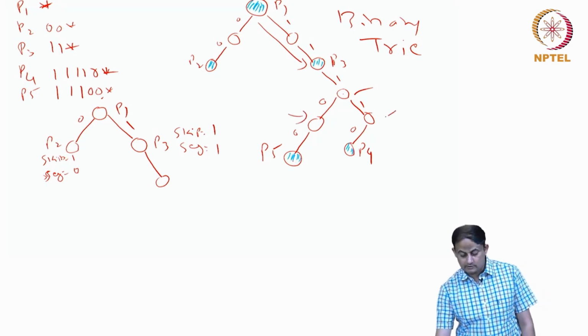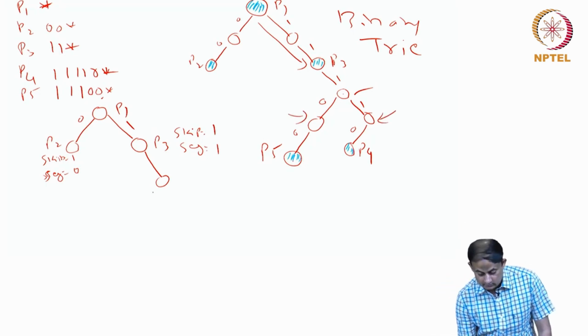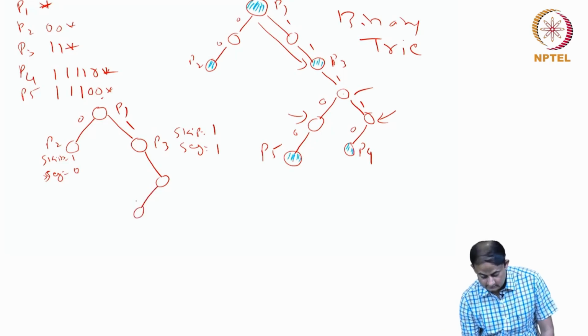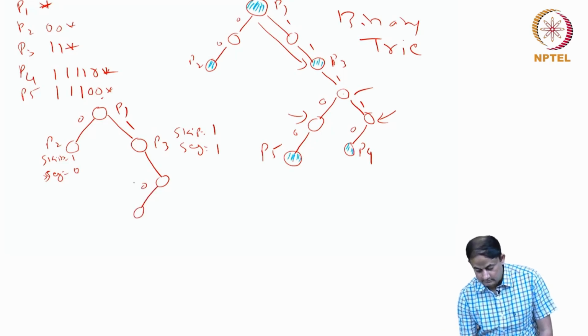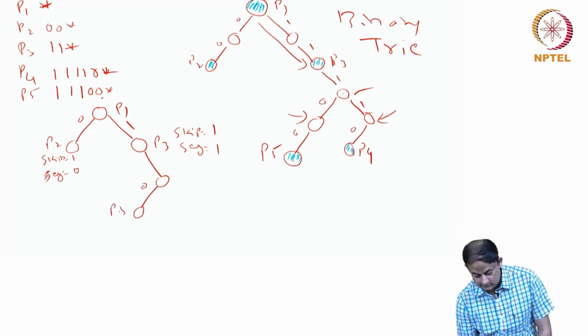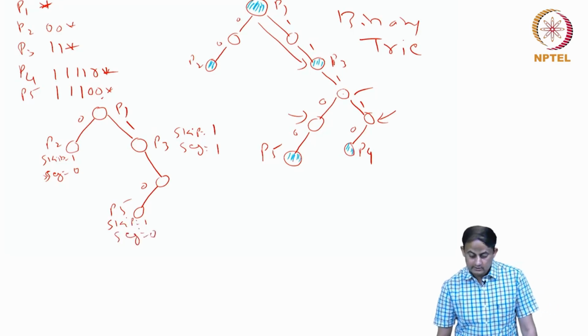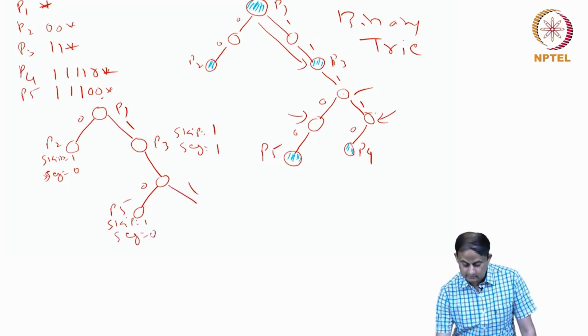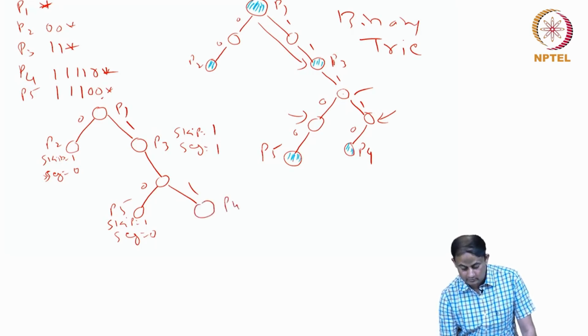This can be removed. Similarly, this can be removed. So I am going to retain the label and make this P5, and the skip length is 1 and the segment that I skipped is 0. And similarly, I am going to retain this label and make this my P4, and the skip length is 1 and the segment that I skipped is a 0 segment.